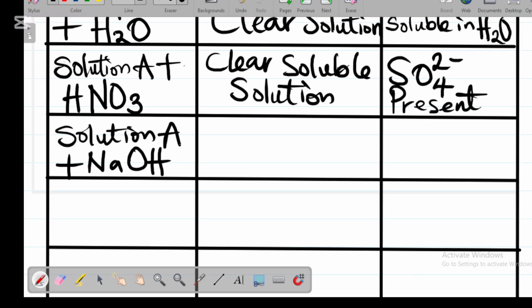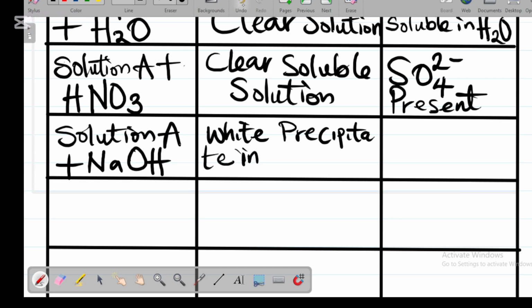So if you mix solution A or dilute solution A with sodium hydroxide, it will give you white precipitate, insoluble in excess.